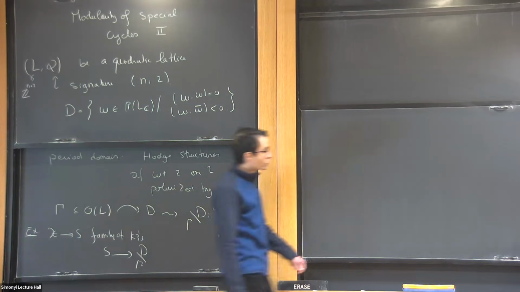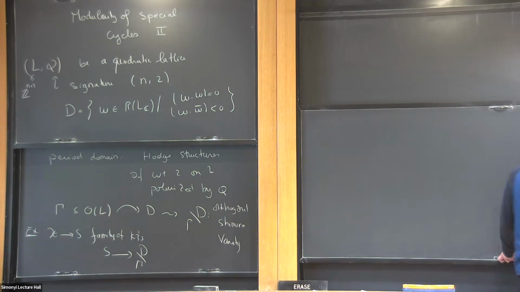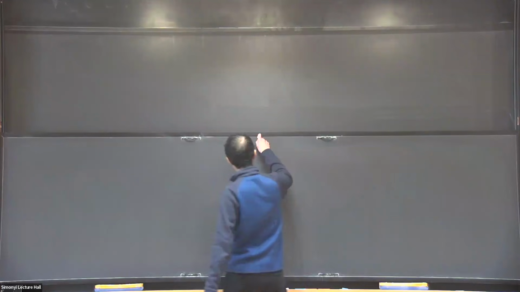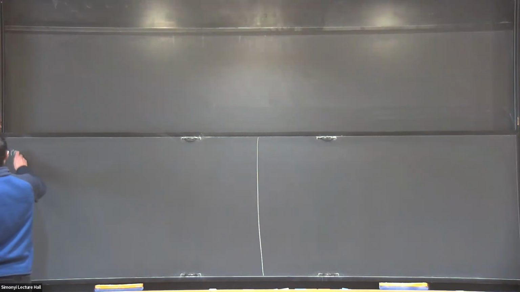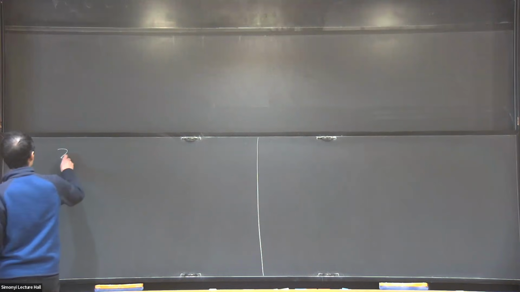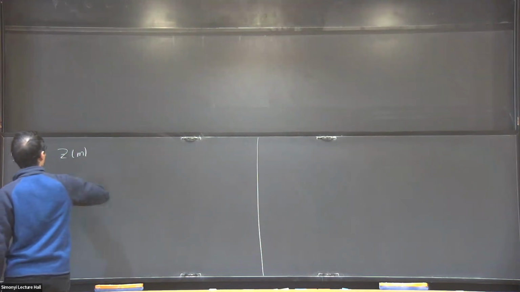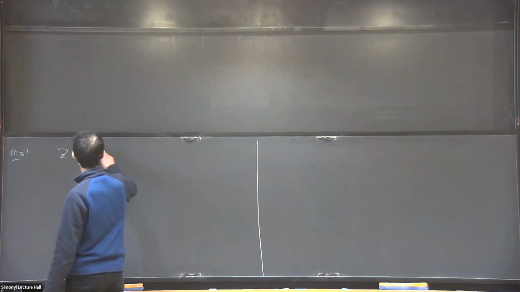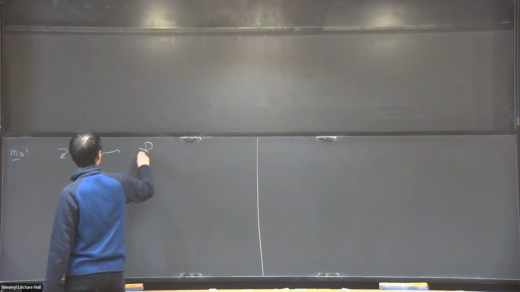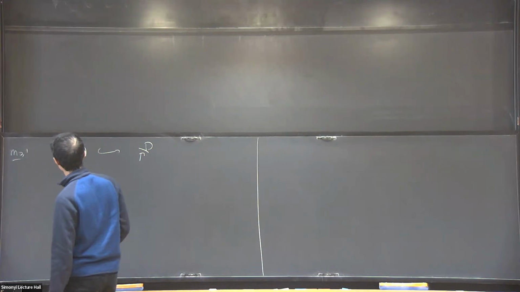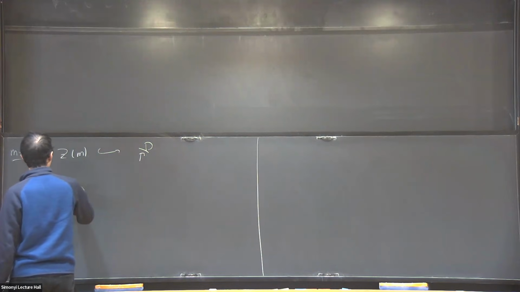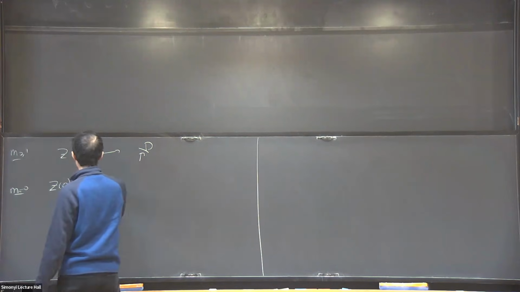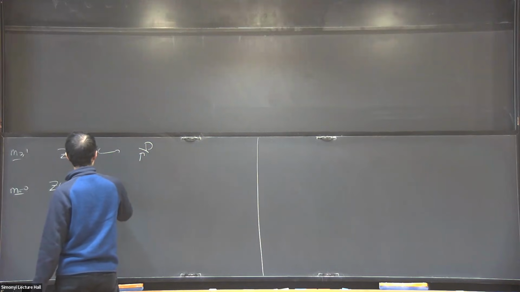And I introduced a generating series on these spaces. So for every m at least 1, Z(m) was a codimension 1 divisor in D mod gamma, and then for m equal to 0, Z(0) we take just the dual of the Hodge bundle.